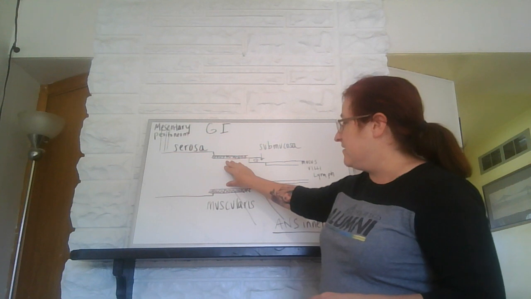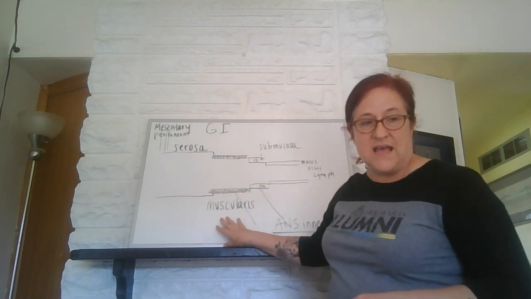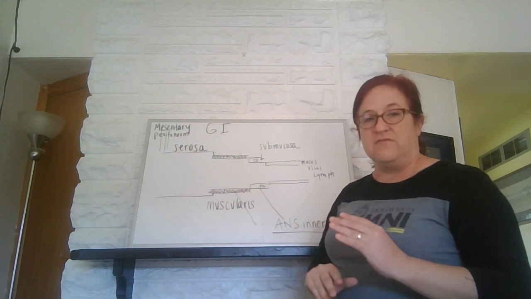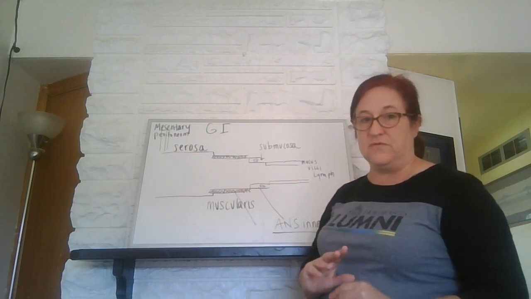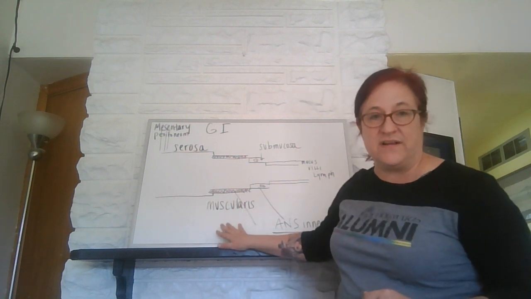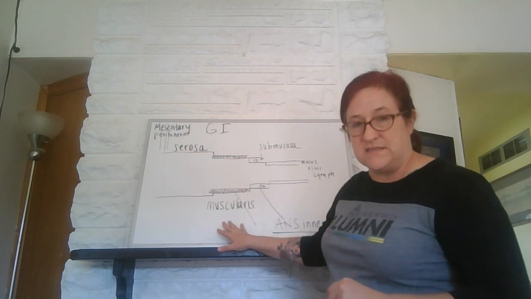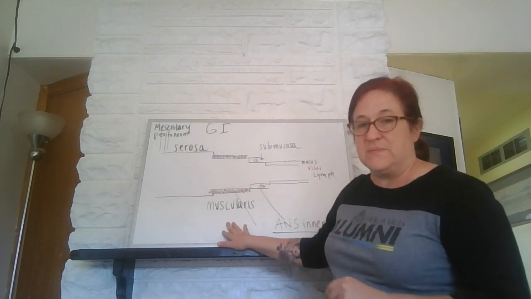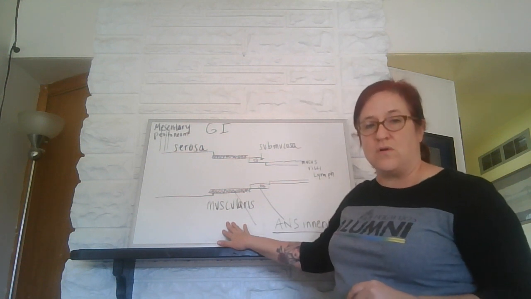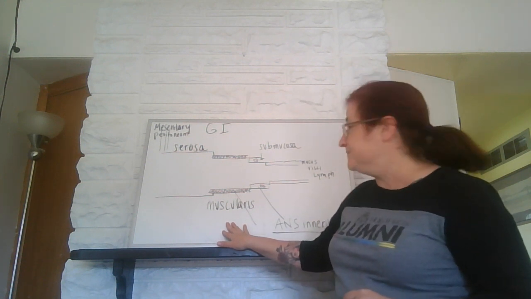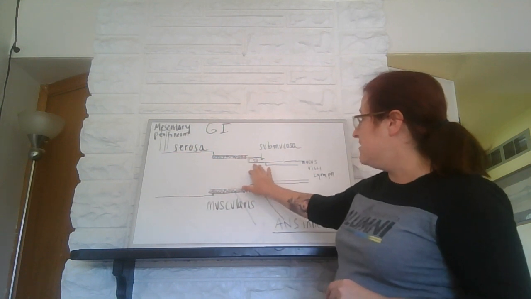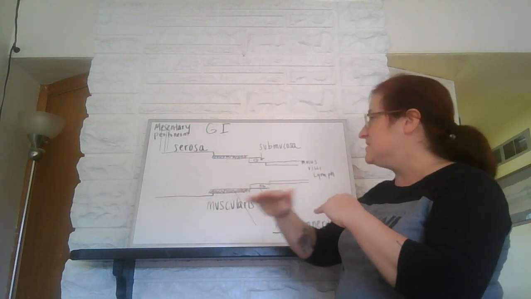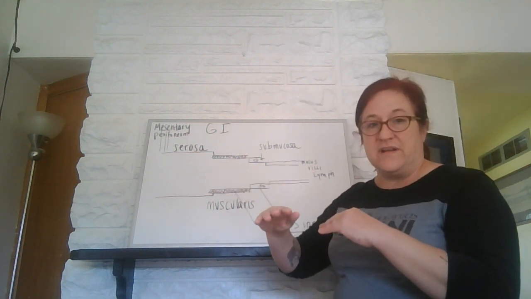The next layer is the muscularis, and that is the layer that works with propulsion of fluid or food forward in the body, and that's innervated by the autonomic nervous system. The sympathetic nervous system would slow this movement down, and the parasympathetic nervous system would increase or speed up that motility.